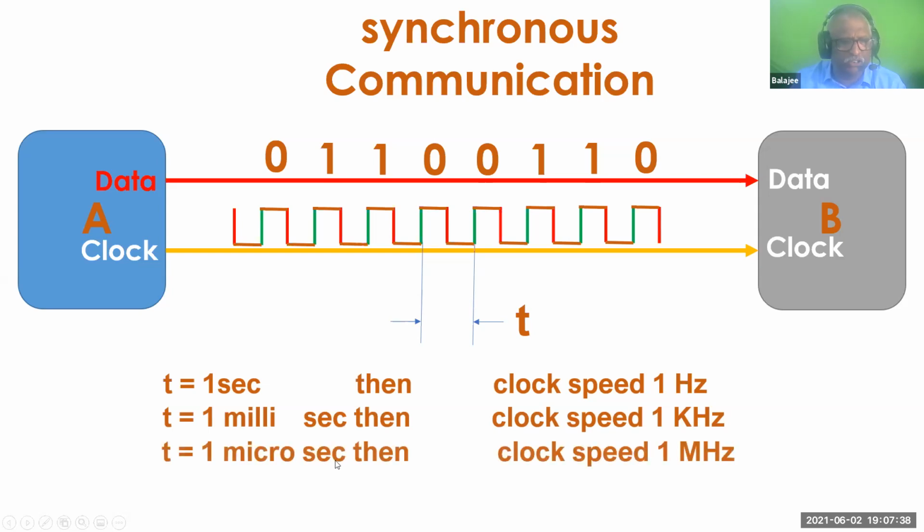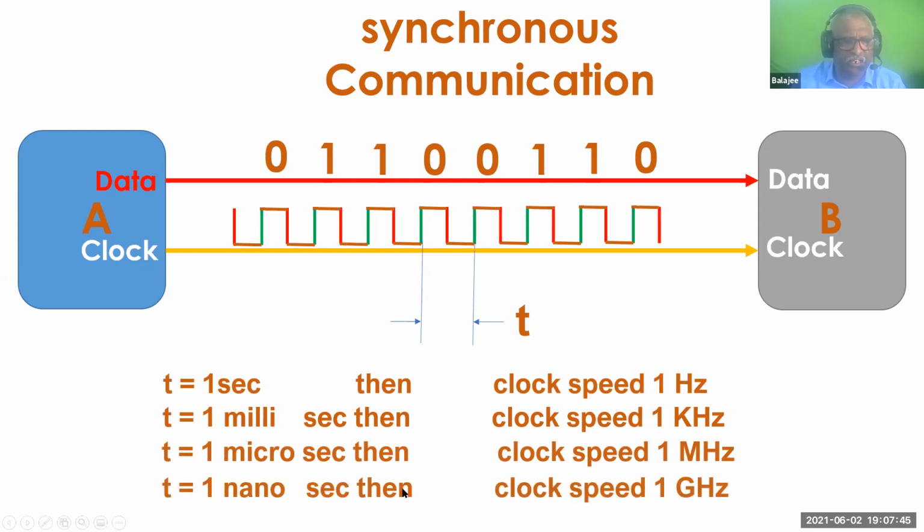If it is 1 microsecond, then the clock speed is 1 megahertz. If it's 1 nanosecond, then the clock speed is 1 gigahertz. Think, 1 gigahertz means I am transmitting 100 crore bits per second.